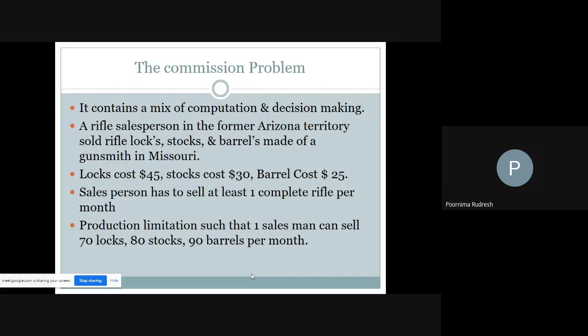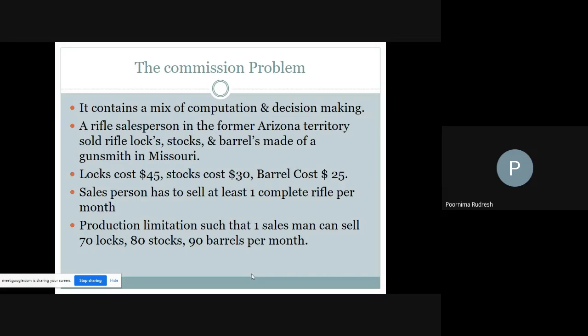Now let us consider the problem. A rifle salesperson in the former Arizona territory sold rifle locks, stocks, and barrels made by a gunsmith in Missouri.